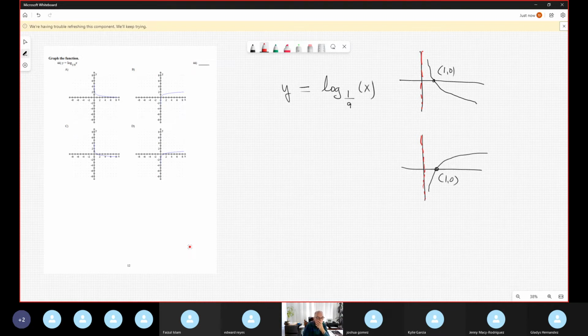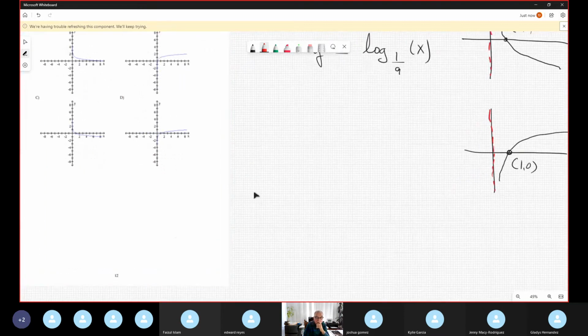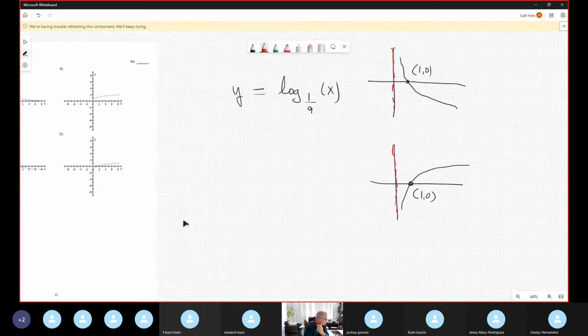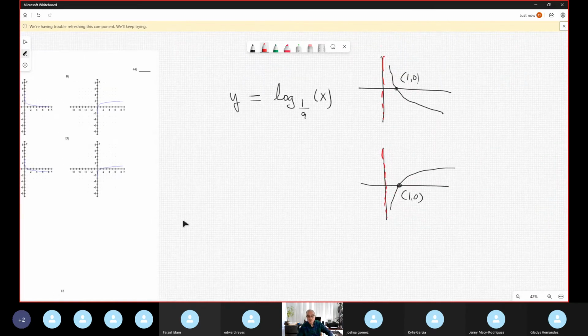Okay, because I need to see the options. Decay is the word. Decay is a synonym of decreasing. Actually, Edward, look, to understand this much better: logarithm base 1/9 of 1/9. What is the answer?